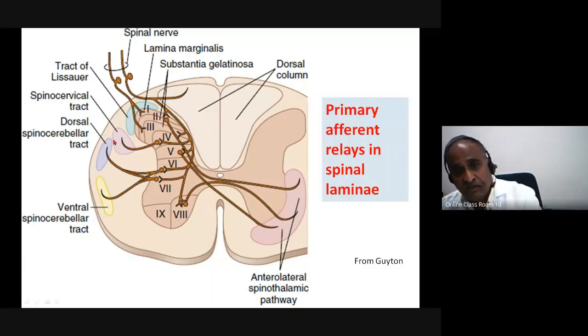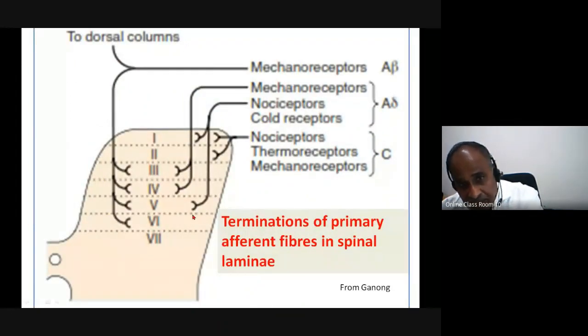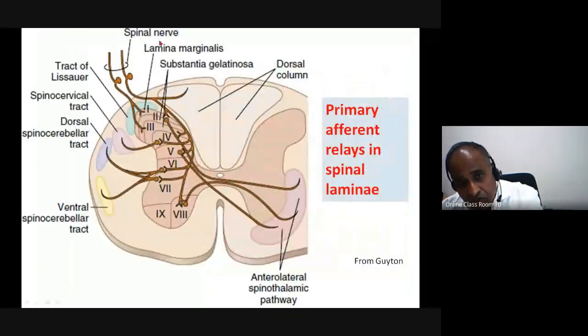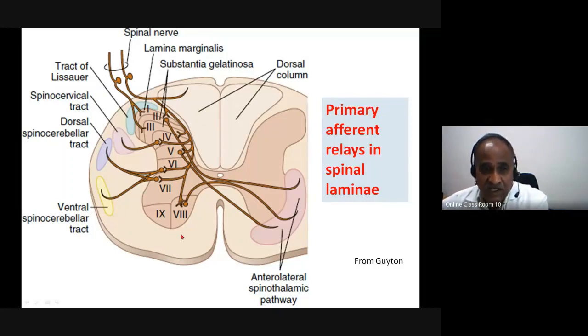Okay, that is about the relays. So what I meant to say is that these are primary relays, and not only primary relays, there are at least 4 or 5 different types of relays. One is the primary one, the second for the reflex activity, segmental reflex activity, the third for the posture regulation, that is through the cerebellum, fourth for the integrity of the body, that is the positioning of a particular segment or body part.